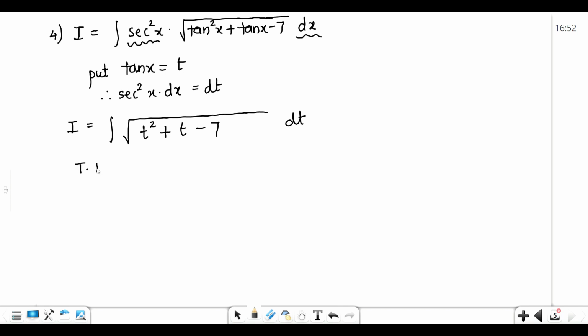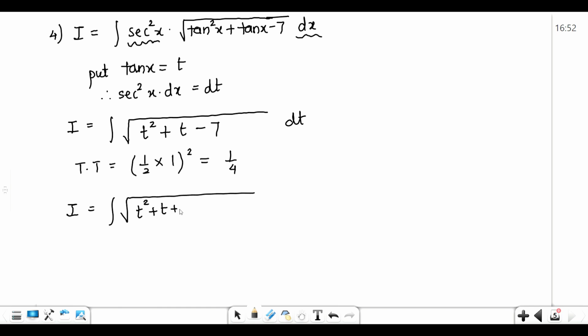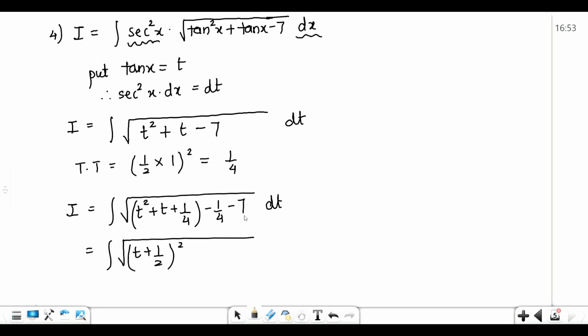Okay, now to complete the square we have to find the third term, which is half into coefficient of t the whole square, which is 1 by 4. So I will be equal to integration t square plus t plus 1 by 4, then negative 1 by 4 and negative 7 dt. Okay, now this will give you t plus 1 by 2 the whole square. Okay, and if you just solve this, that is minus 1 by 4 minus 7, that will give you minus 29 by 4 dt.